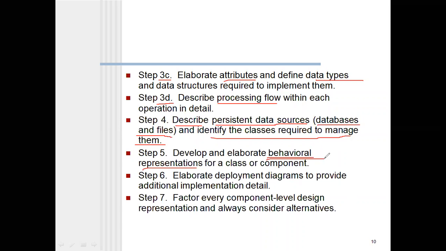At this level, we are going to use state chart diagrams, to understand the dynamic behavior of an object.